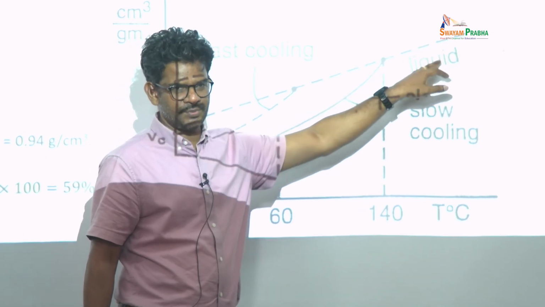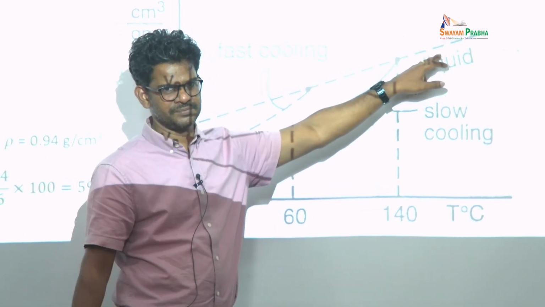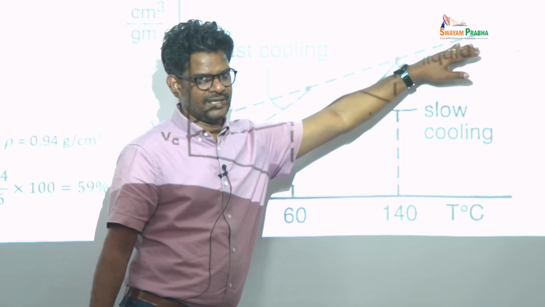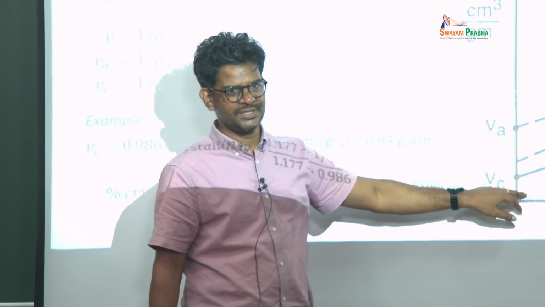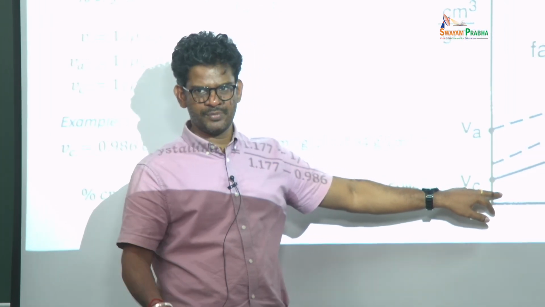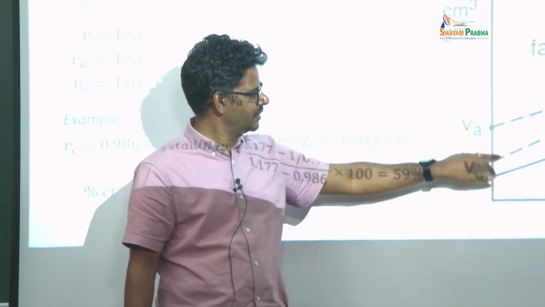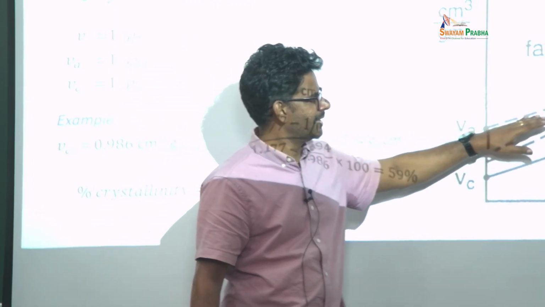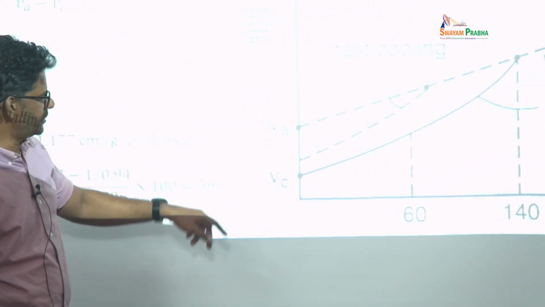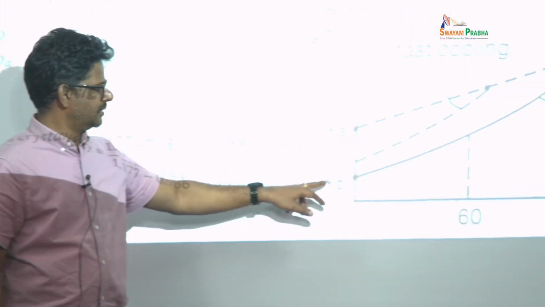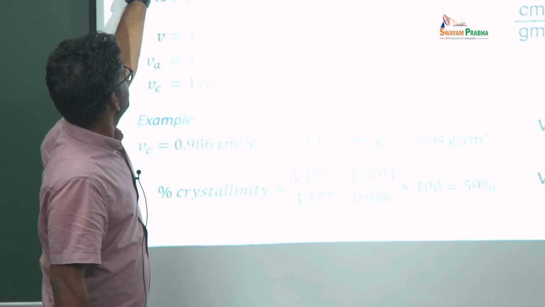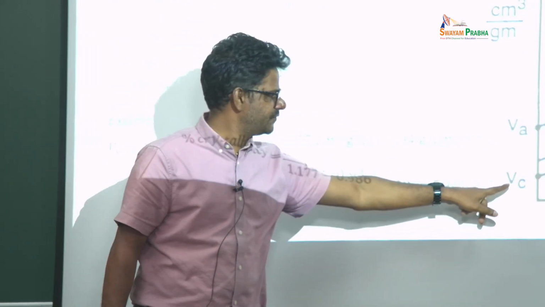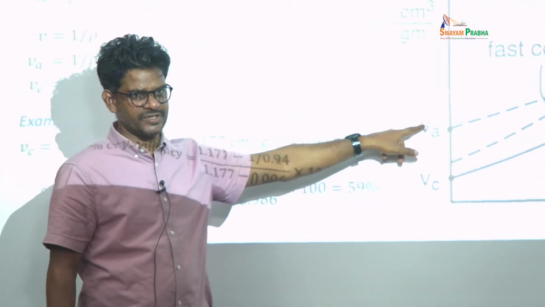Okay, so here the polymer is completely amorphous, completely melted, and then you fit a linear line and extrapolate all the way to the temperature of your interest, because you want to measure the crystallinity of a given sample at a given temperature. So to the given temperature you extrapolate as a linear line. So you got both pieces of information. The crystalline density comes from XRD, and you take the inverse of that, that will be your specific volume. This is coming from the extrapolated value.